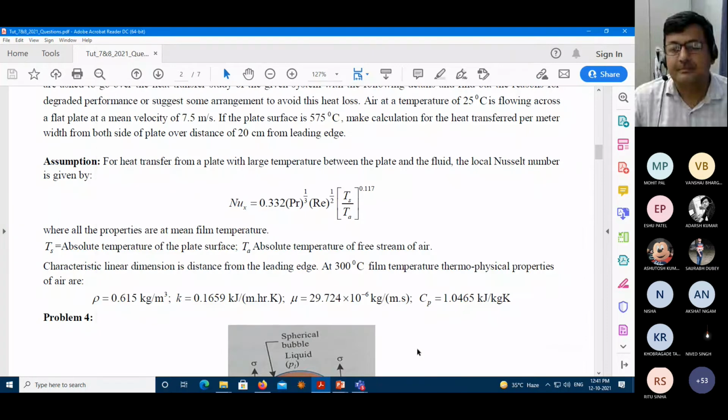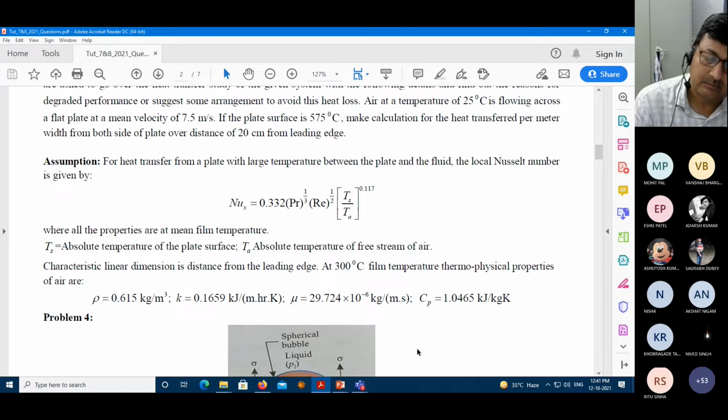So 2 into H bar into A into delta T will give you the right answer. Sir, dimensions are not given for calculating area. Why? You have 20 centimeter and 1 meter given, no? Heat transfer per meter width of both sides.